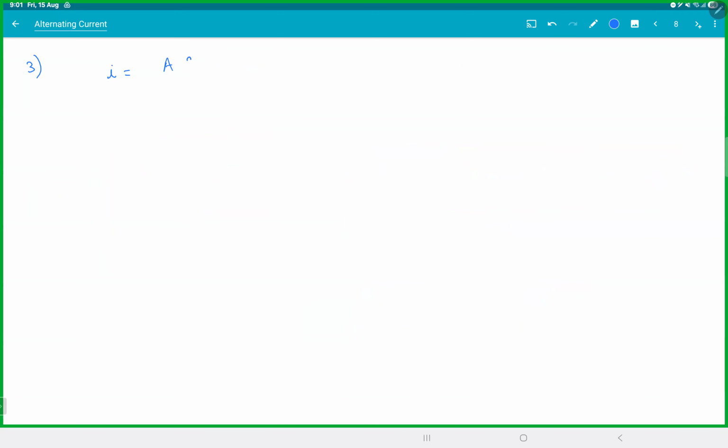I is equal to a sine omega t plus b sine omega t plus phi. What if you had two sine functions? The same question I can also ask you in SHM: x is equal to a sine omega t plus b sine omega t plus phi, find amplitude. Remember phasors? Let's get this.